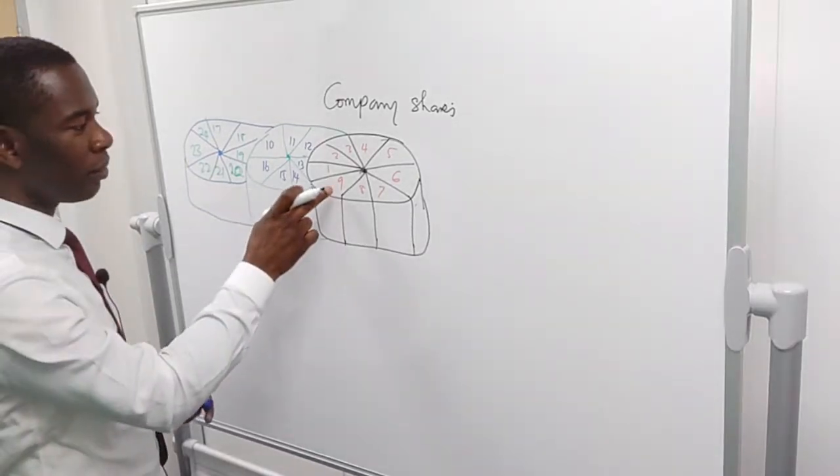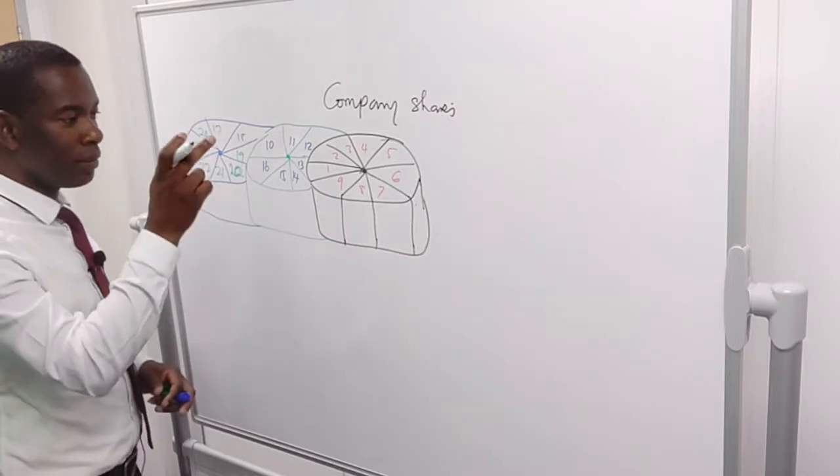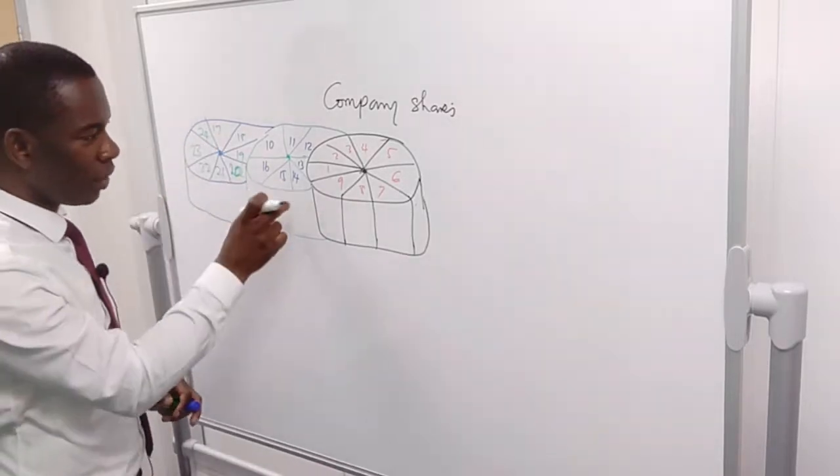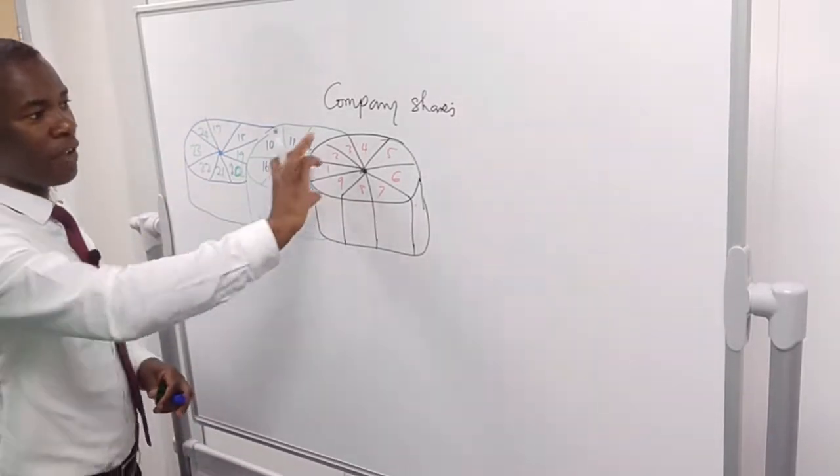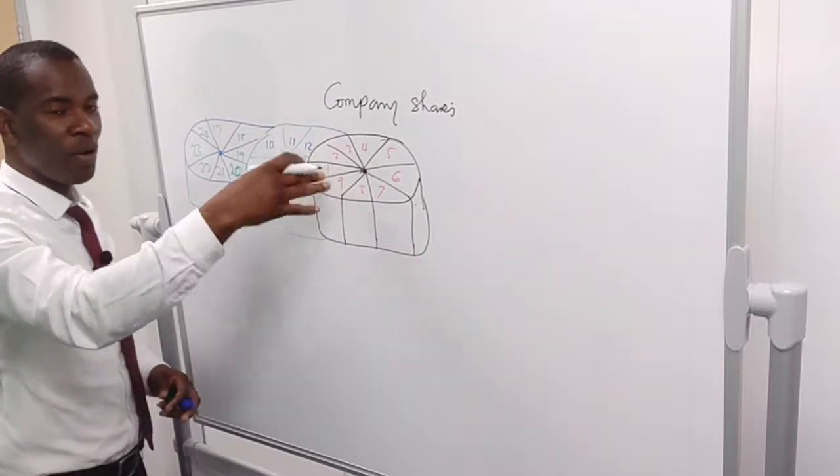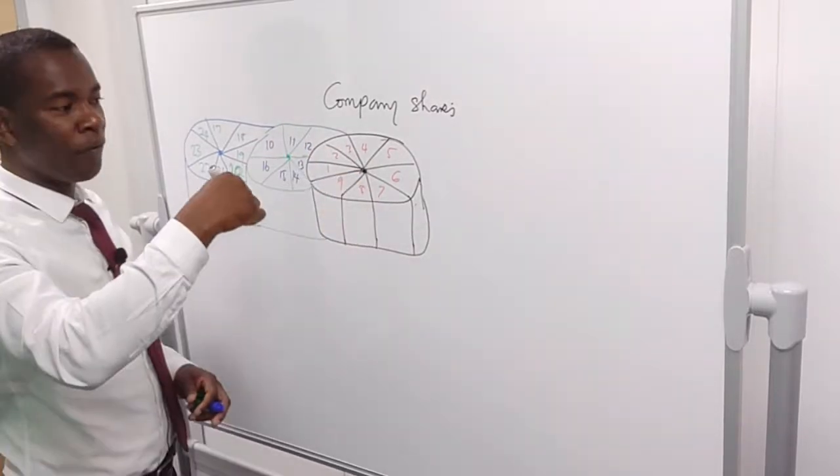Remember, we started from 9. They needed more money. They went and sold more shares, after all the issued shares had been finished.